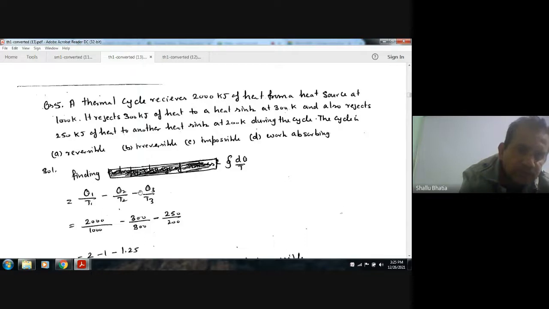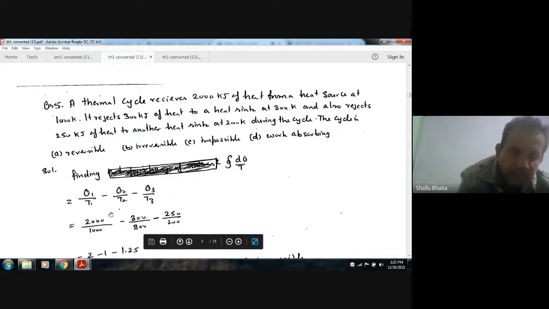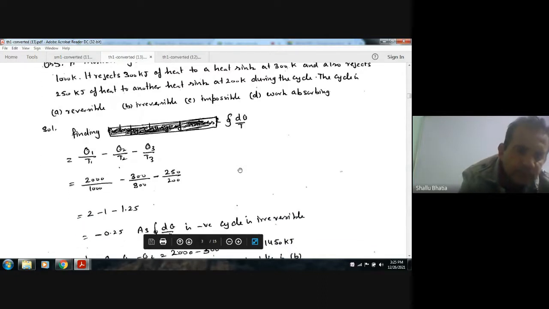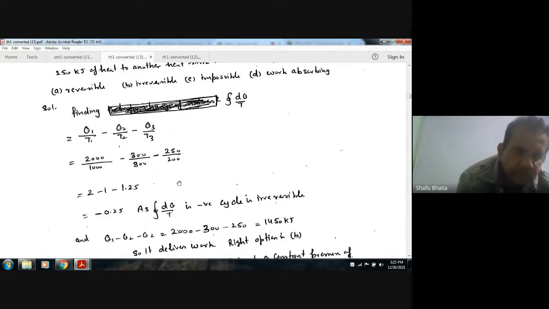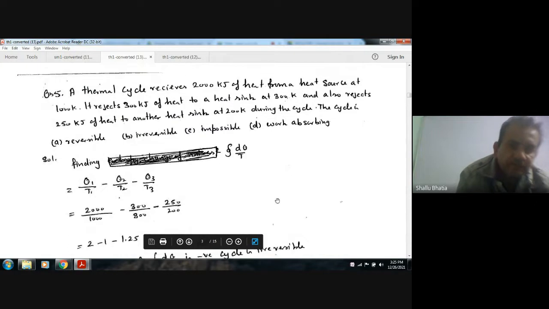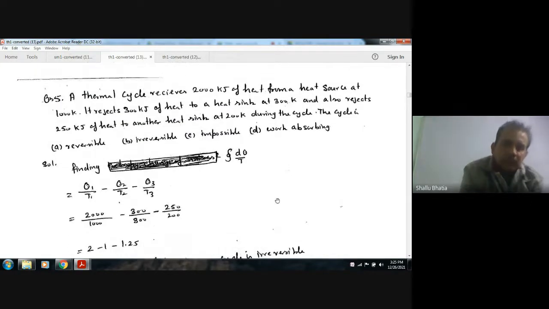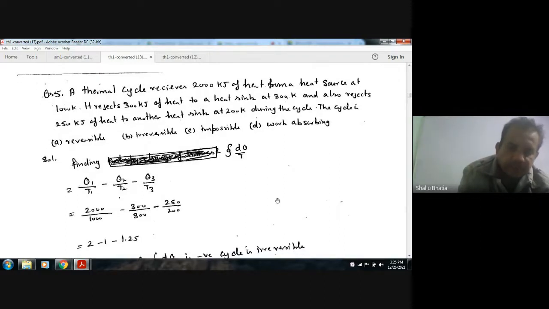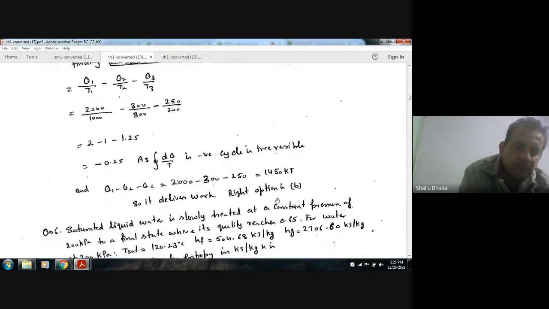So using this, we find out the cyclic dQ by T. It comes out as 2000 by 1000, minus 300 by 300, minus 250 by 200. It comes out at minus 0.25. So cyclic dQ by T is negative. When cyclic dQ by T is positive, then it is impossible, and when it is zero, the cycle is reversible.